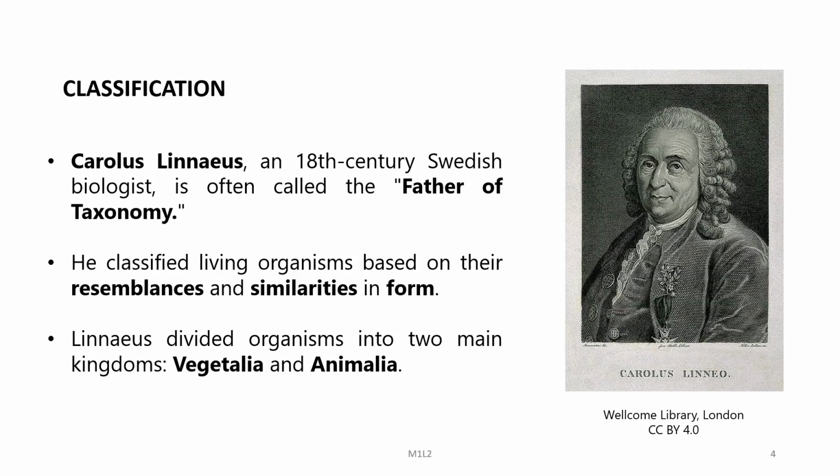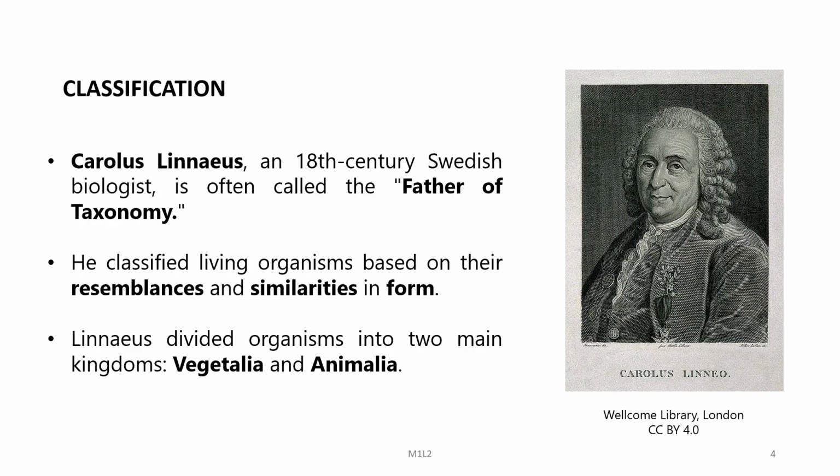Now, let us start with classification and how the science of classification started. Carolus Linnaeus, who was an 18th century Swedish biologist, is often called the father of taxonomy, and he classified living organisms based on their resemblances and similarities in form. So, humans appear similar to apes, cows appear similar to buffaloes, cats appear similar to tigers, and similarly you have certain plants which have stems and branches, and certain plants which do not have stems and branches.